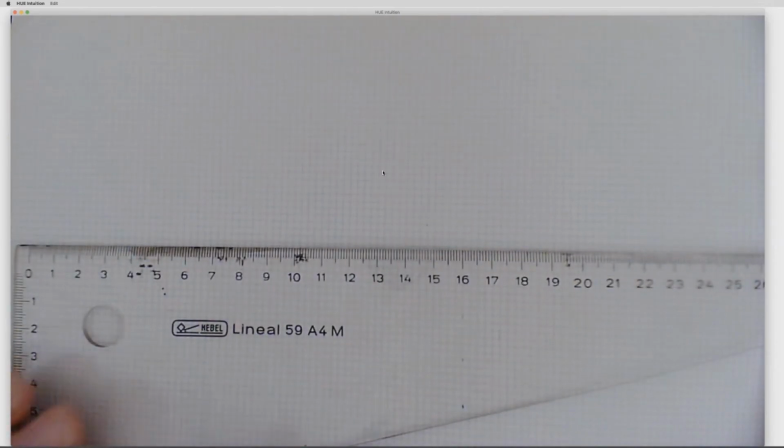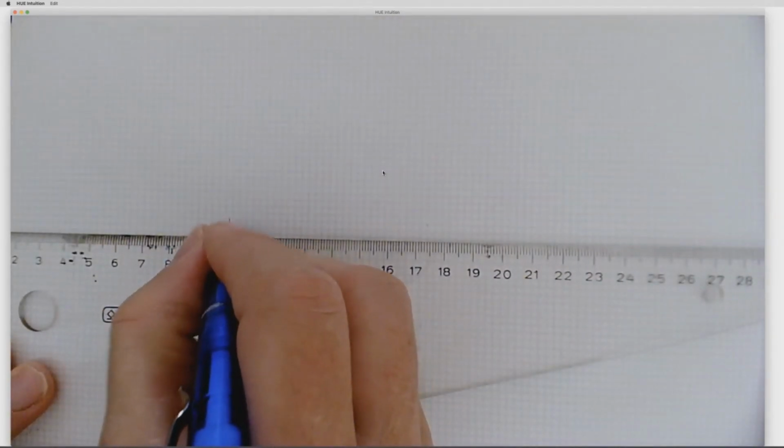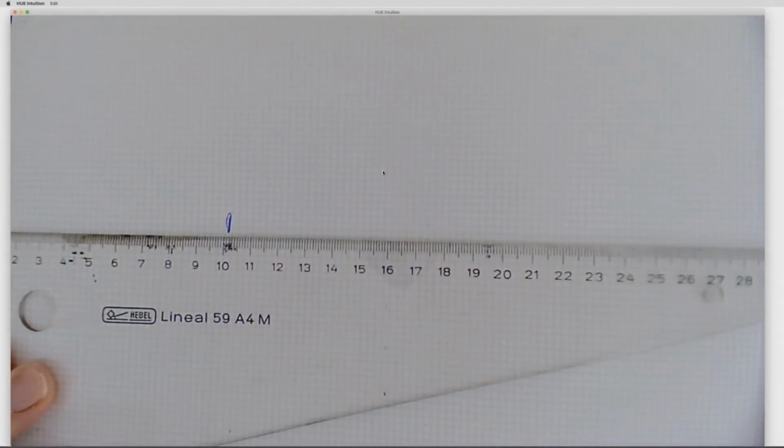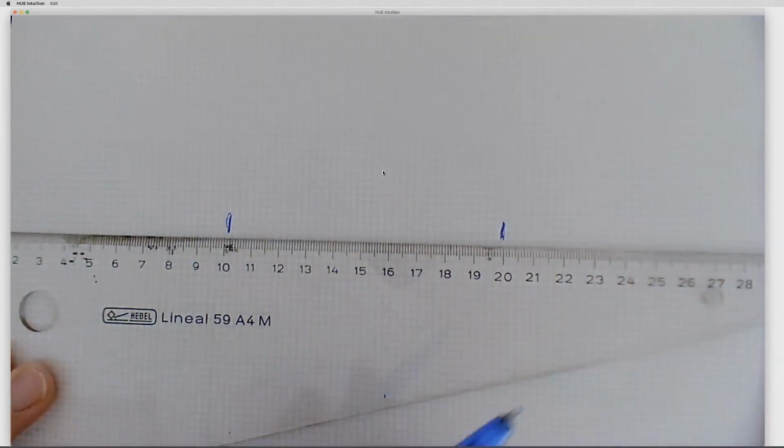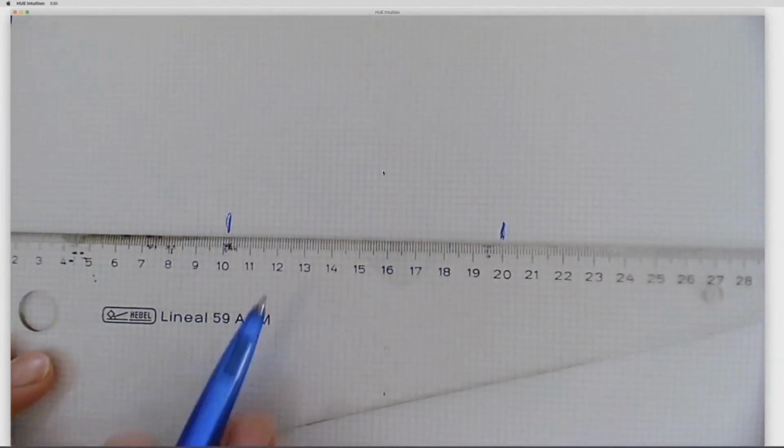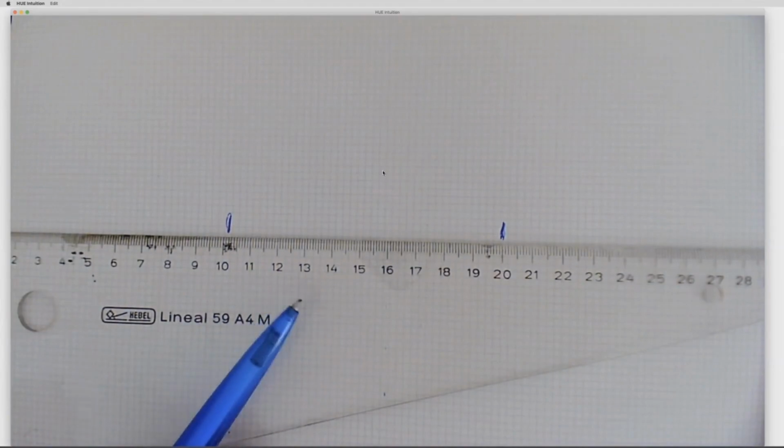Let me illustrate this by example, abstraction. So here's my pen. Maybe the tip of the pen points to the 10 centimeter mark on my ruler here. And now I'm pointing to the 20 centimeter mark of my ruler. What have I done?